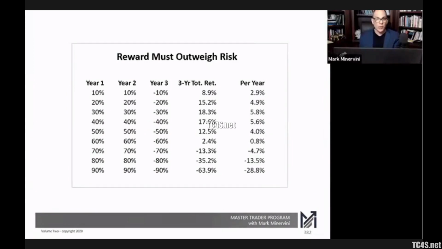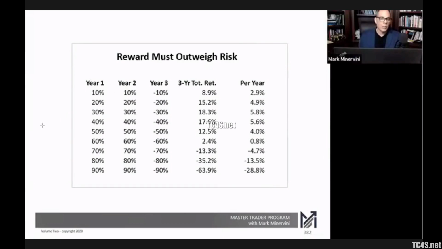And it doesn't matter which order. It could be 20 profit, 20 loss, 20 profit, or 20, 20 with a 20% loss in the third year. You're compounding, so it doesn't matter the order of them. But you're going to have 2 years that are profitable and 1 year that is negative, the same percentage as all years, right?